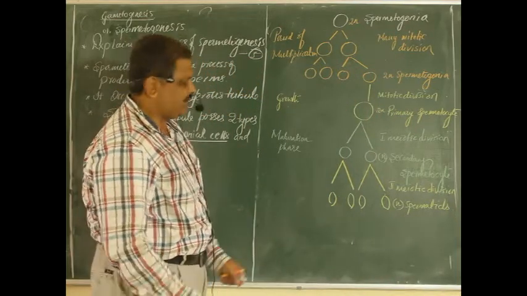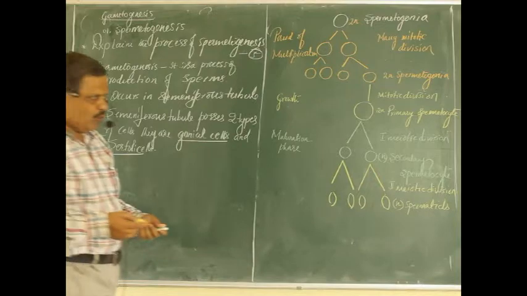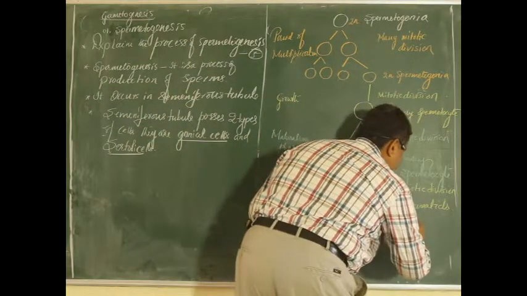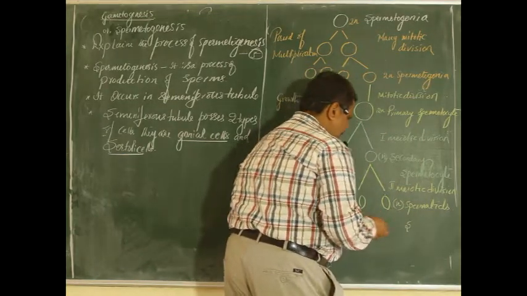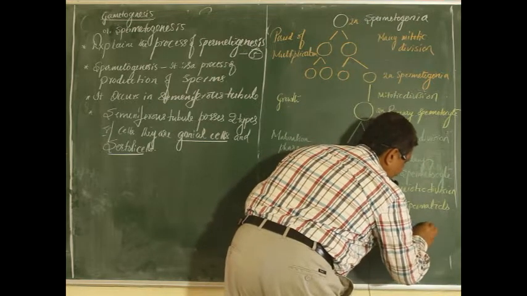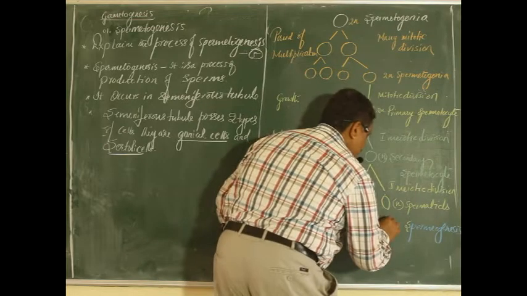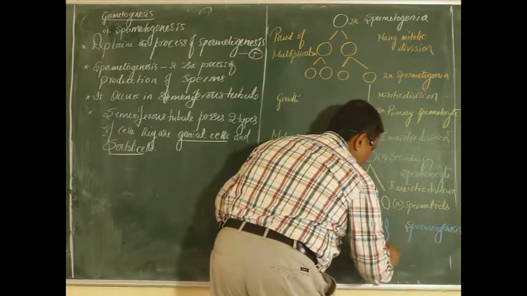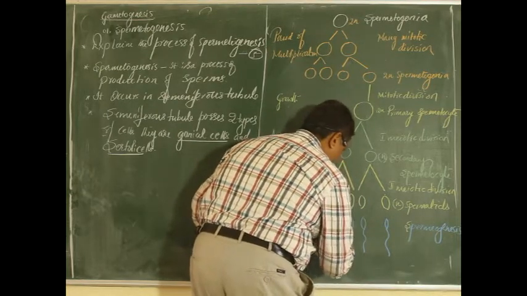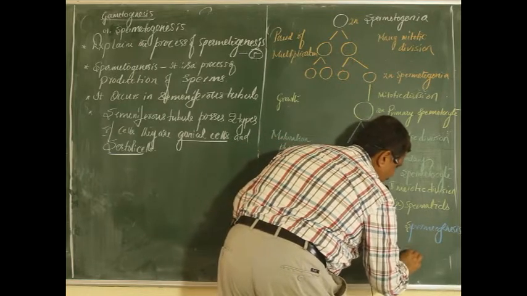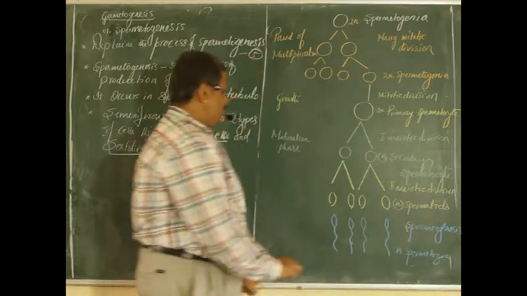These haploid spermatids undergo a process called spermiogenesis to produce motile haploid spermatozoa.